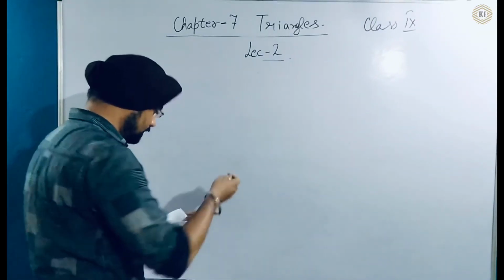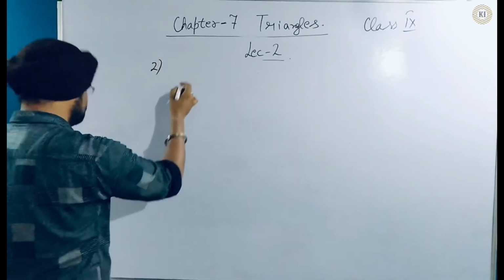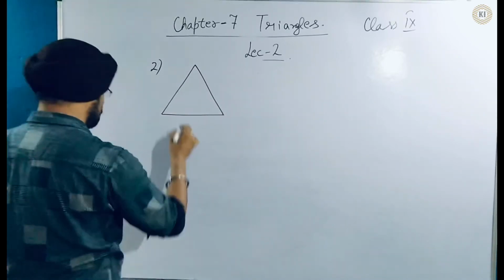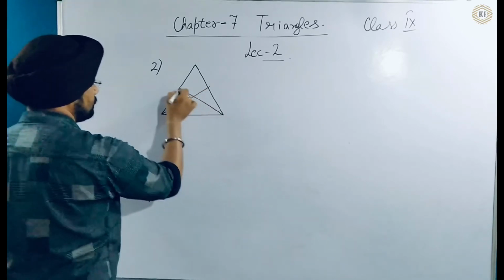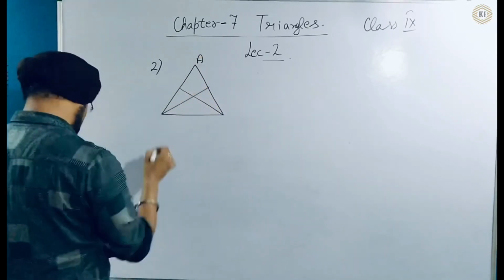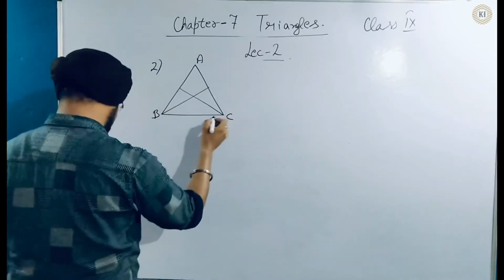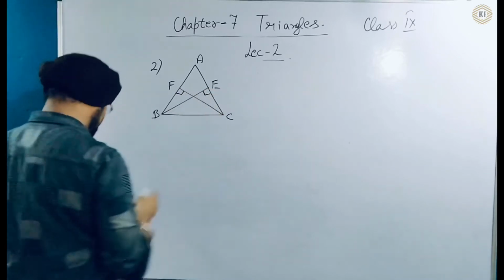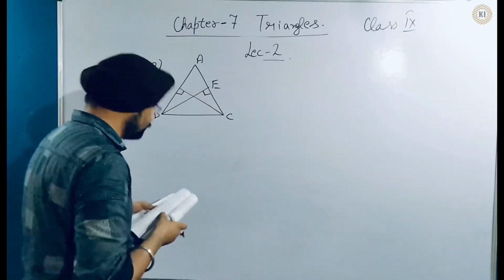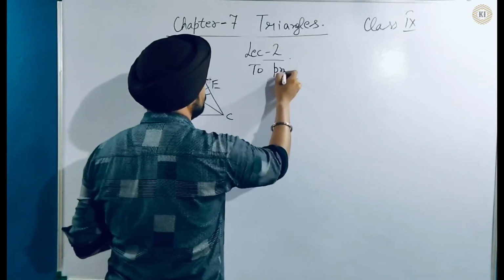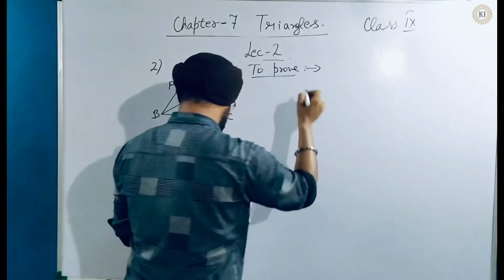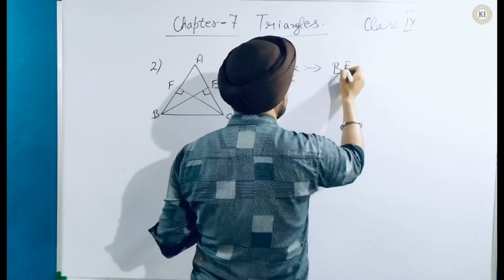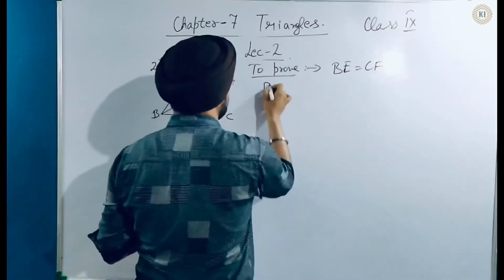Now see here, question number 2. In triangle ABC, with F and E on the sides, these two angles are 90 degrees.